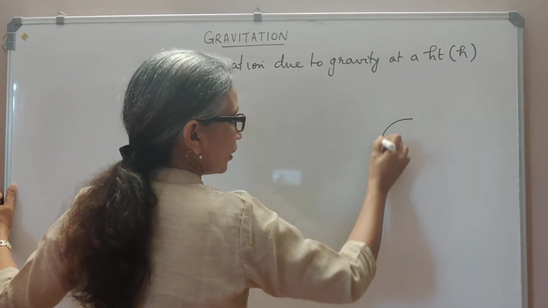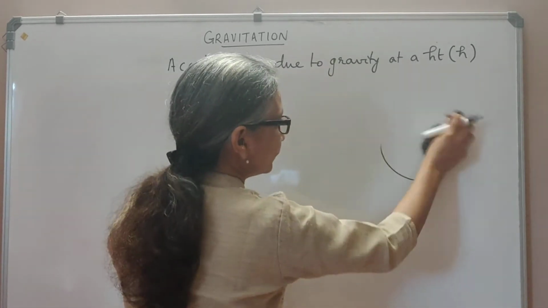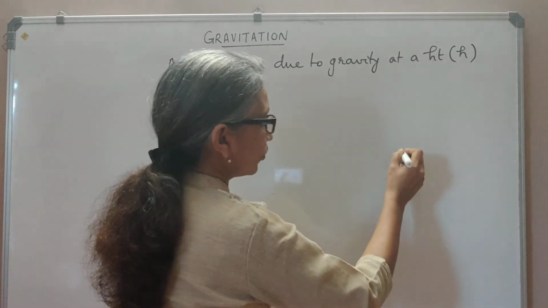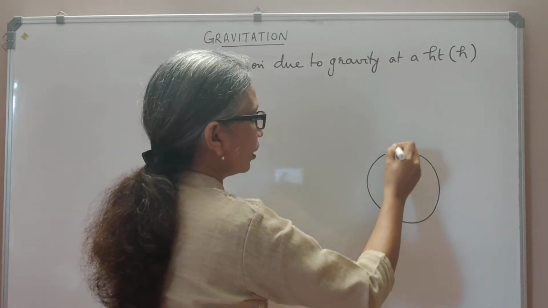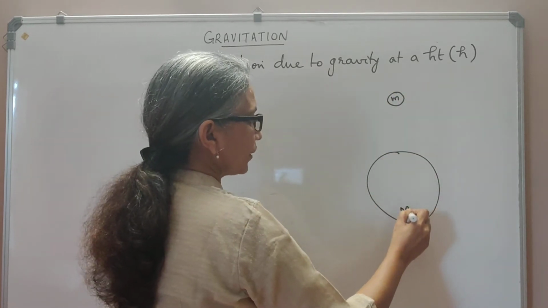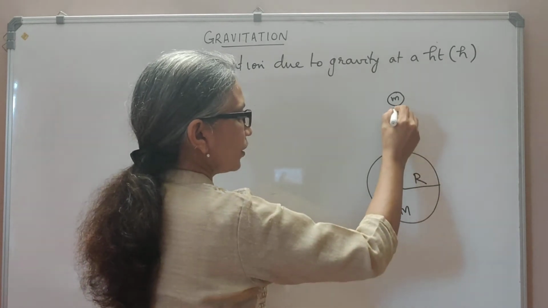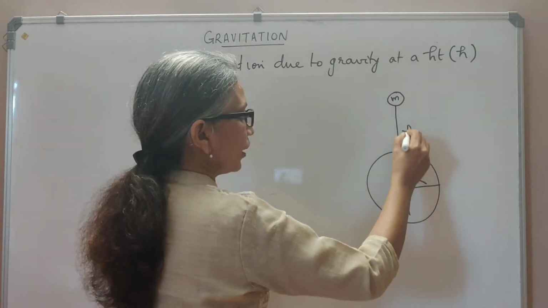So we have the earth here, and at some height h we've kept a body of mass m. The mass of the earth is capital M, the radius of the earth is capital R, and from the surface of the earth I take this height as h.